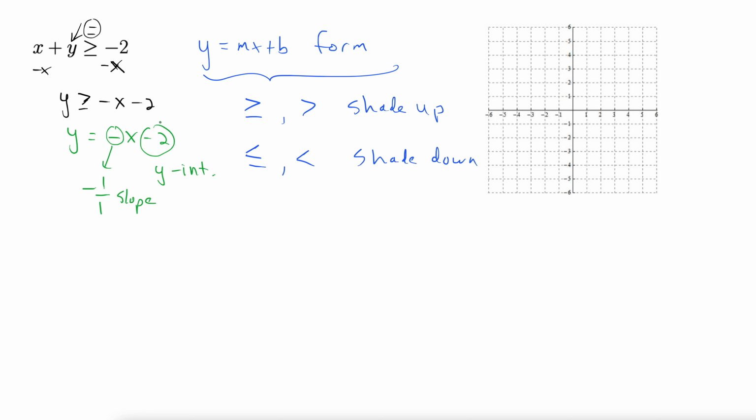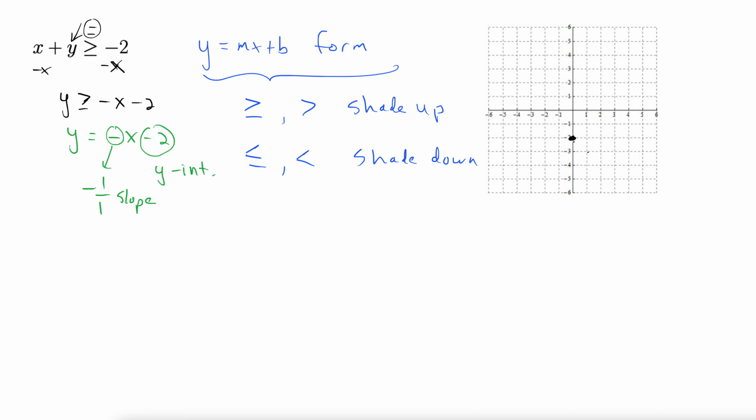So I have a y-intercept here of negative 2. There's our y-intercept. And then the slope is negative 1, down. So we can go down 1 and to the right 1, and that'll make our perfect diagonal.